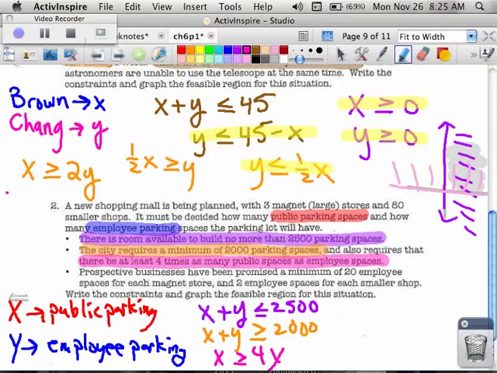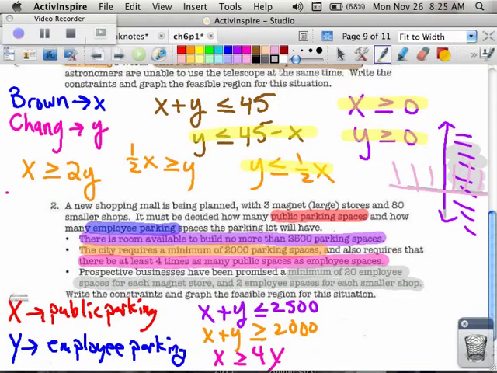The last thing that I see is this last statement where they're talking about there has to be a minimum of 20 employee spaces for each magnet and 2 spaces for each smaller shop. So if I look at what that's saying, 20 employee spaces for each magnet means 20 times 3, which is 60 spaces for the magnets.